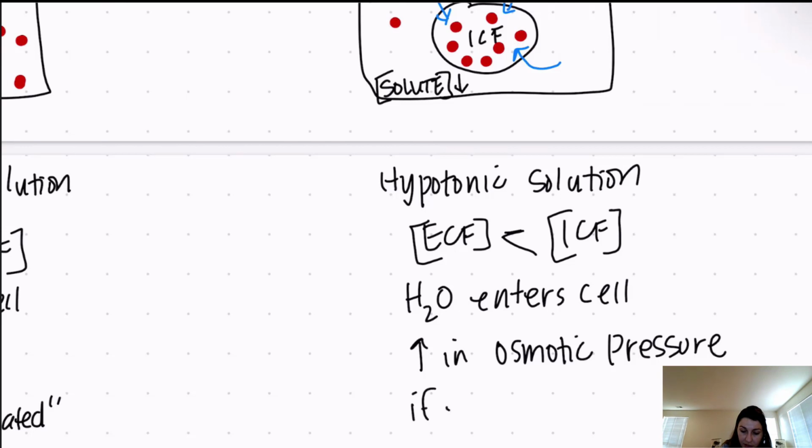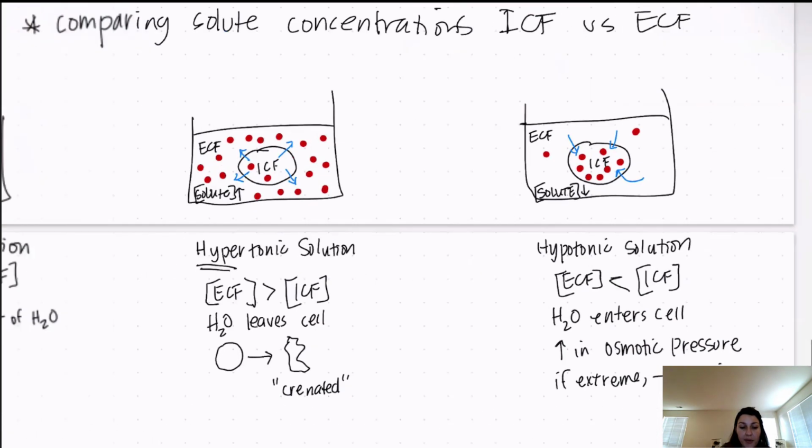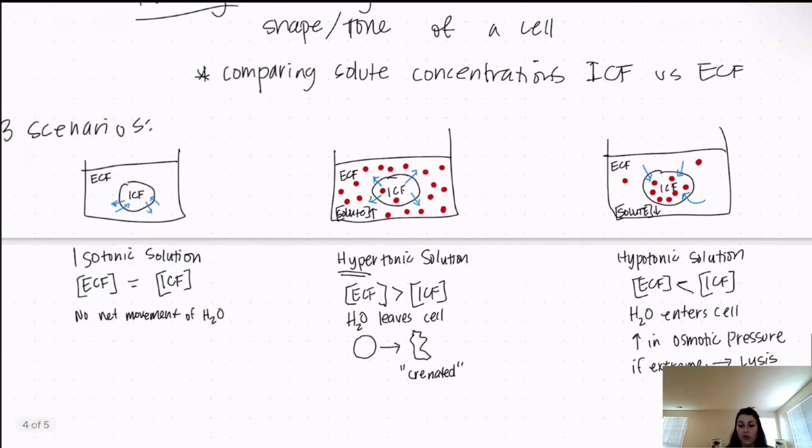So if extreme, this can lead to lysis, or the cell being lysed. Lysis means exploding or breaking up into pieces. So those are different properties of solutions and how they can influence the shape or the tone of that cell. So we have isotonic solutions, no net change of water movement across the membrane because those solute concentrations are equal across the membrane.